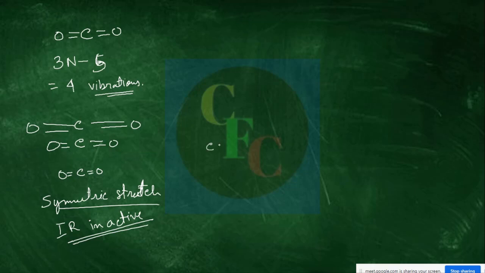Now let us see the asymmetric stretch. Right? So if it is asymmetric stretch, suppose this is the equilibrium position. Now this one bond elongates and one bond shortens, and in this case the other elongates, the other shortens. So now there is a change in dipole moment.